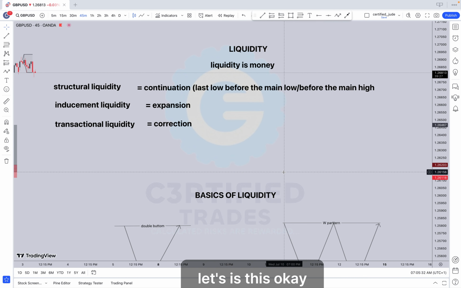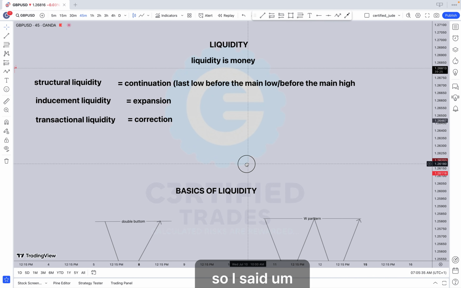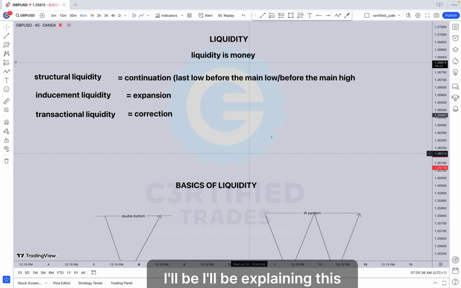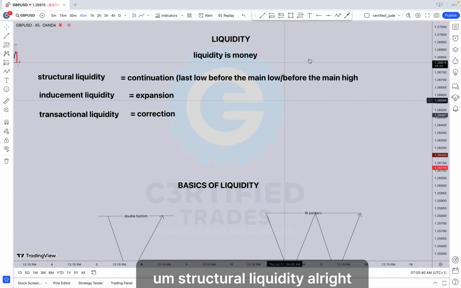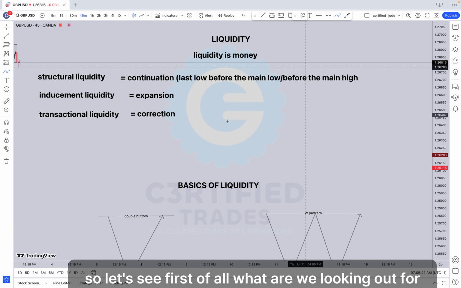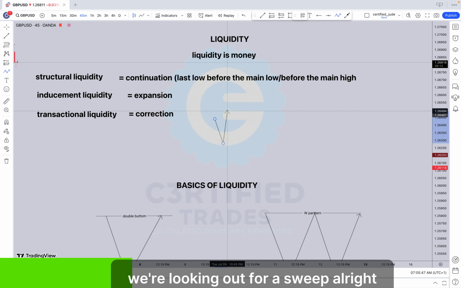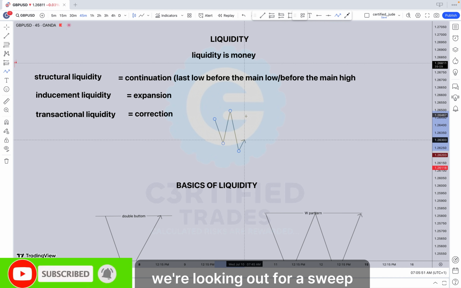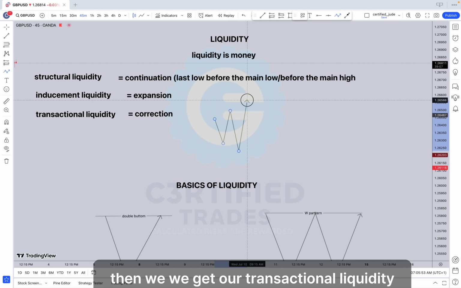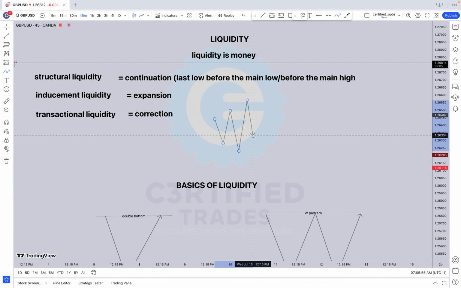Let's delete this. I said I'll first be explaining structural liquidity. What are we looking out for? We're looking out for a sweep, then we get our transactional liquidity.